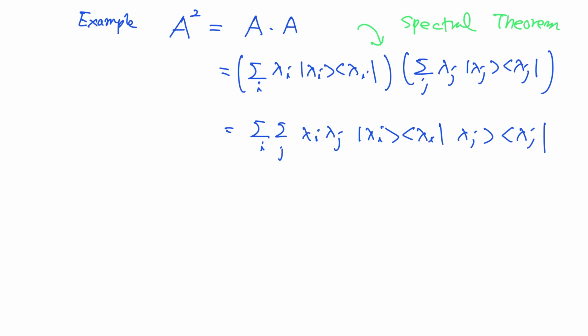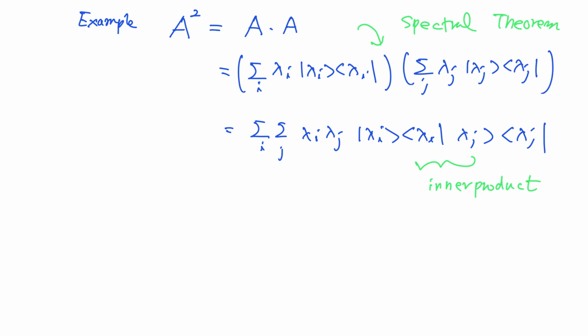So this is basically an inner product. And what is this variable? The inner product between lambda i and lambda j is 1 when i and j are equal, and 0 when they are different.